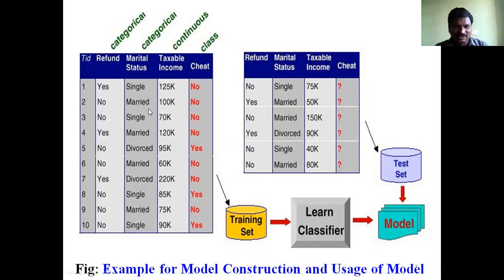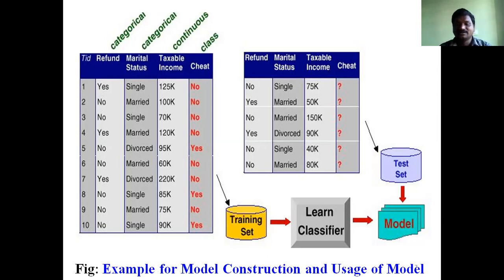For example, from this one, it is a no, a single person. Here comes the third one, a single person, with taxable income 7k, and here yes. In this way it will predict the class label. That is simple information about the model construction.